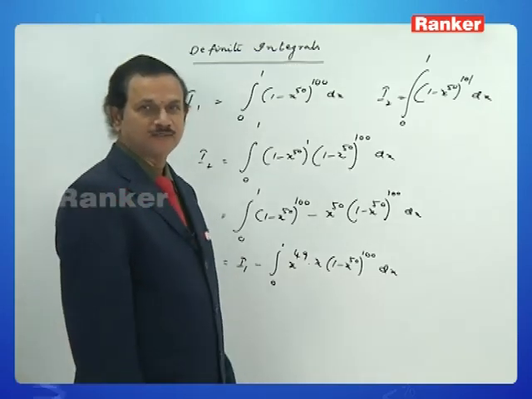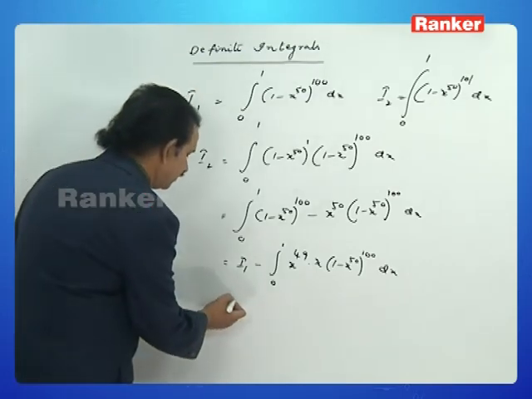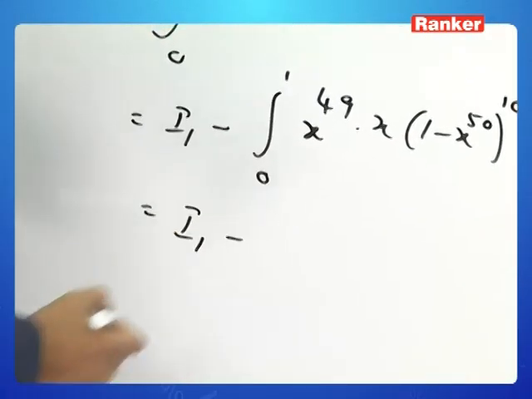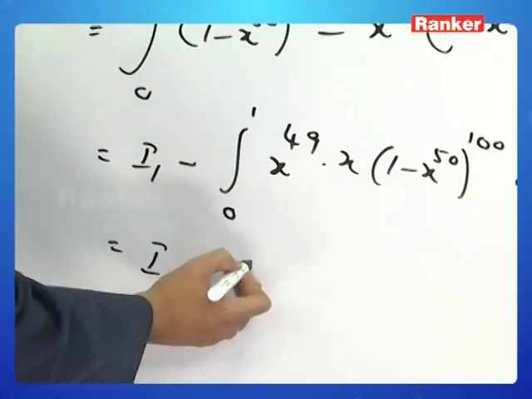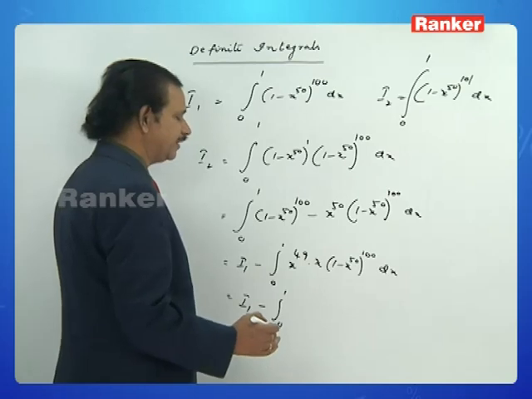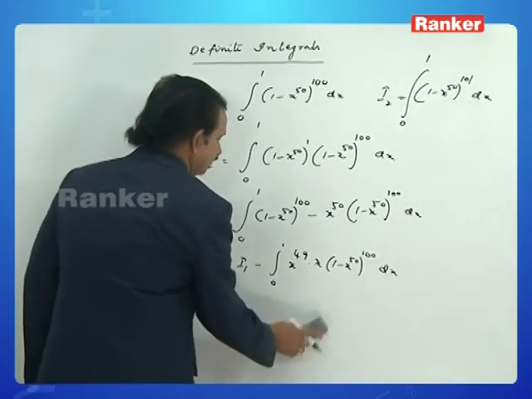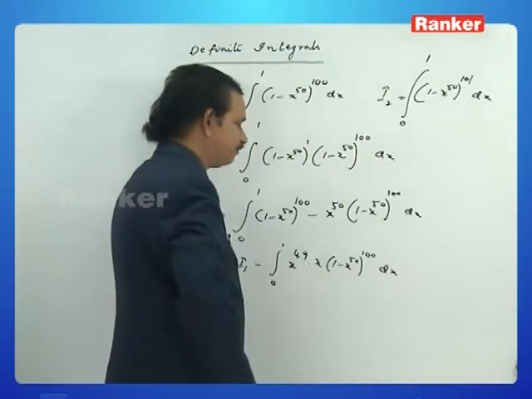Can we write like that? We are able to write. So this is I1 minus integral 0 to 1 of x to the power of 49 into x. Let us consider this one particular integral separately.